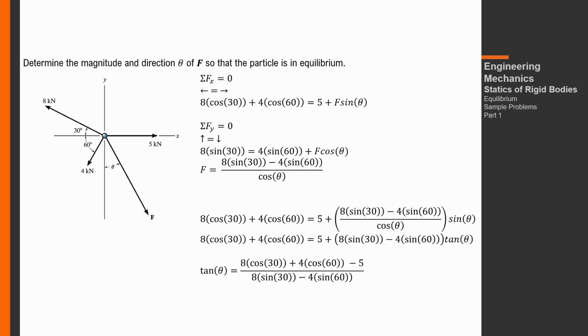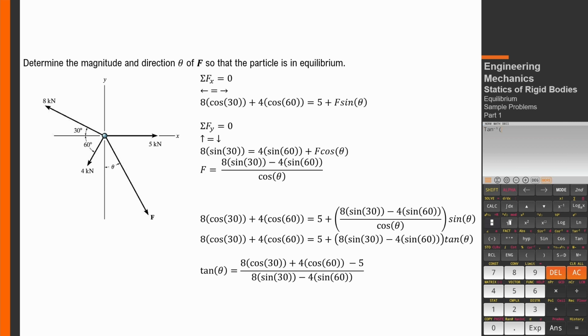So, therefore, arctangent yung equation natin dito. So, arctangent ng 8 cosine 30 plus 4 cosine 60 minus 5 over 8 sine 30 minus 4 sine 60. So, therefore, theta ay equal sa 82.2314 and so on degrees.